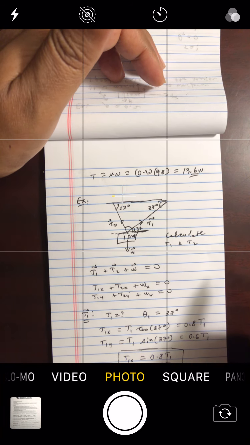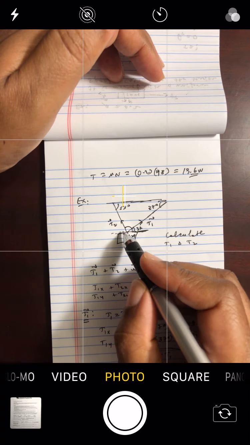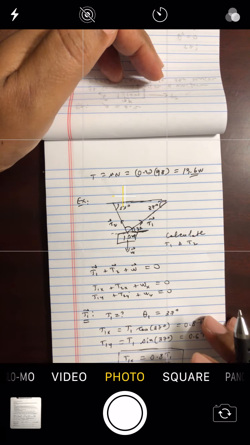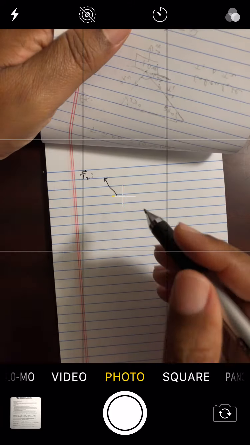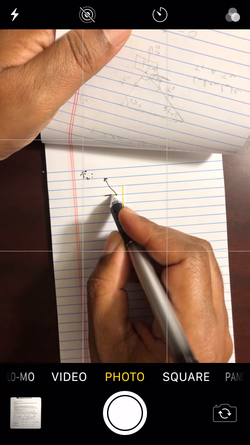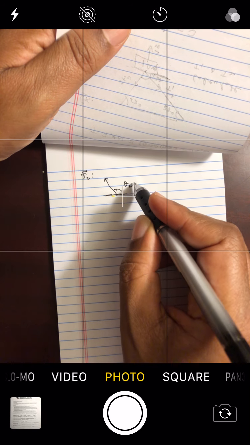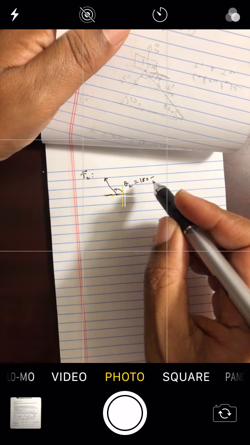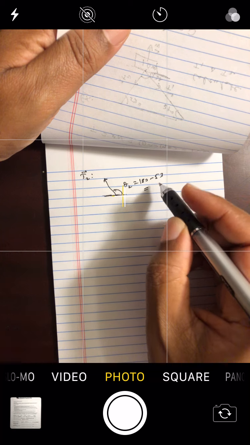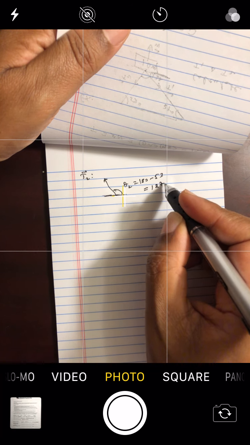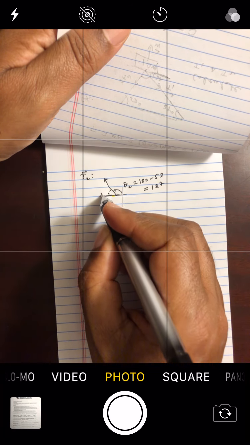So the default angle is 180 minus 53. This is 53, so this angle is 180 minus 53. Let's call it theta 2, which is 180 minus 53, which is 127. Okay, because this angle over here is 53 degrees.